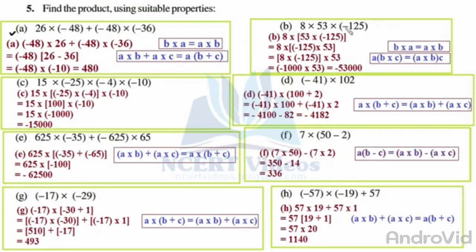B. Here again we will see first what step will make our calculation easy. If we multiply 125 with 8, then the number will come with 0 zeros. That makes 1000, so we will try to achieve that. So we are just swapping the position, and this is allowed by b into a equal a into b.